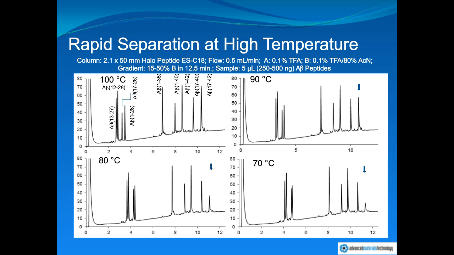And in this case, by comparing the peak heights or peak areas for some of the less well-behaved amyloid peptides and their fragments, you can see that to get full recovery, you need to not just operate at 60 degrees centigrade, but in the case of, for example, the A beta 17 to 42 sequence, you need to get up above 90 degrees centigrade.